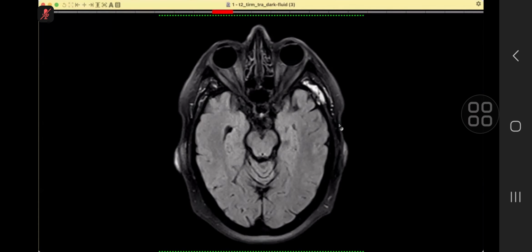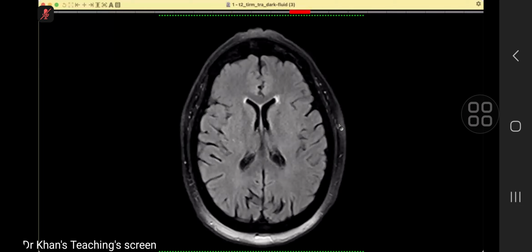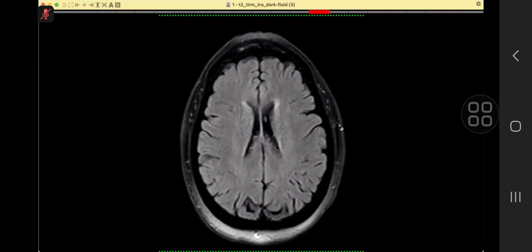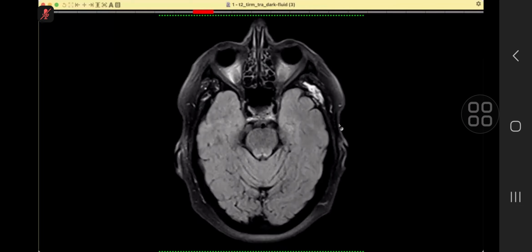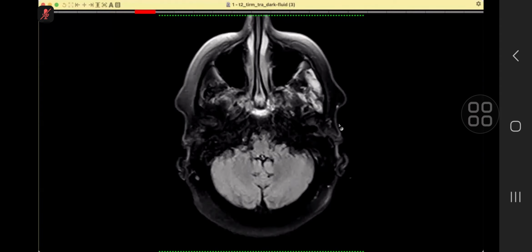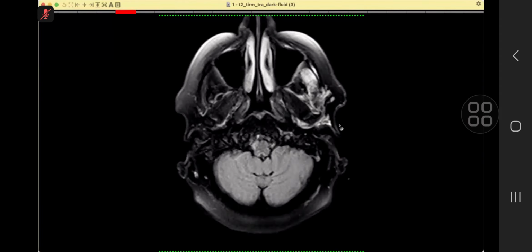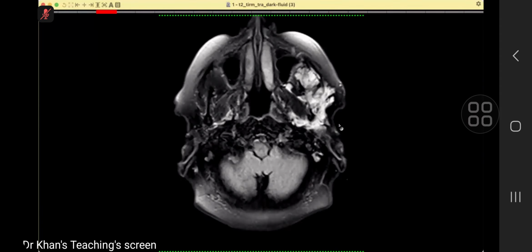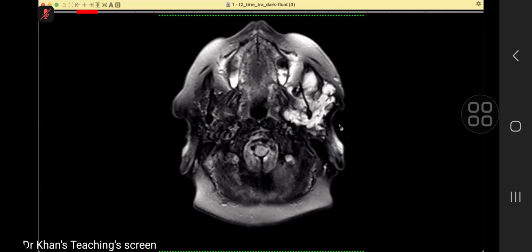So what is your impression till now? Sir, my impression is that it is basically a likely malignant soft tissue process, which is not respecting boundaries and is spreading generally. But the underlying bone is not eroded.